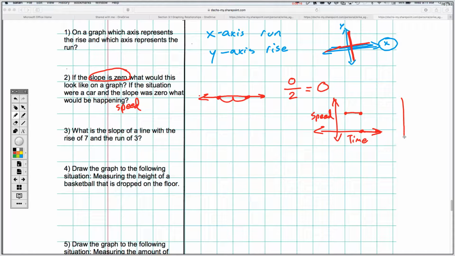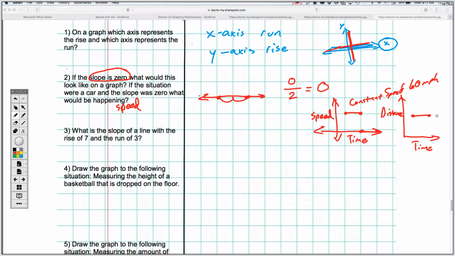So if I made another graph and changed the label, and I say time and distance, and I make it look the same, does it mean the same thing? What does this mean? Okay, that's how far, that's how fast. So this one would be a constant speed. So we could, on this one, say we're going 60 miles per hour, right?